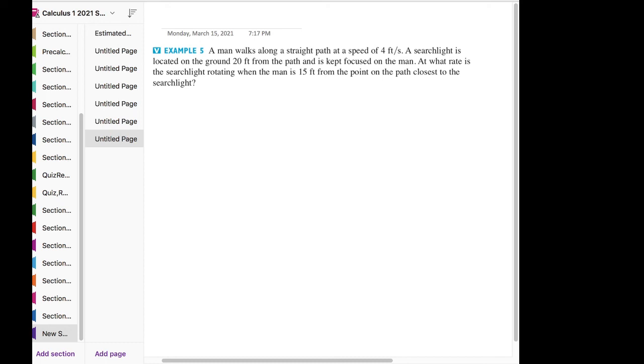Okay, so there's a lot of words there, right? So let's just start with the first sentence. A lot of this is just reading comprehension and setting things up. Okay, walking along a straight path at a speed of 4 feet per second. Okay, someone give me a math word for that.